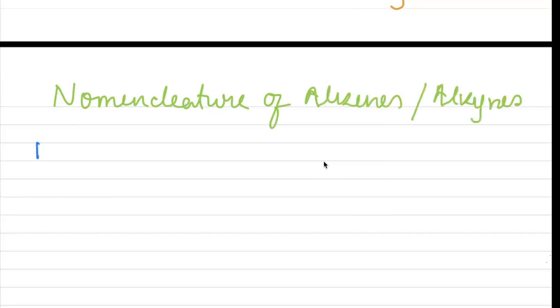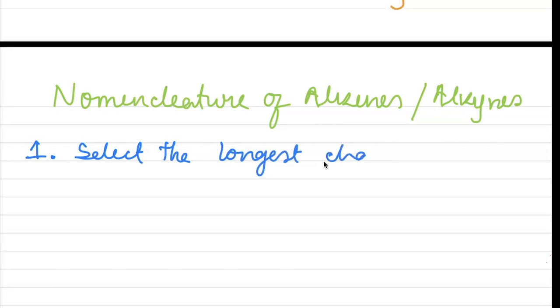So the first rule, we have to select the longest chain containing the carbon double bond carbon. It is sometimes not like that.